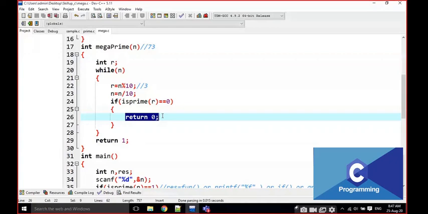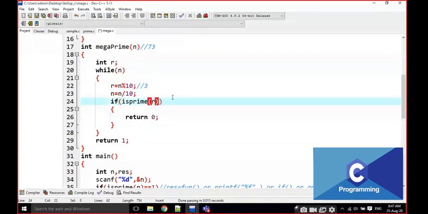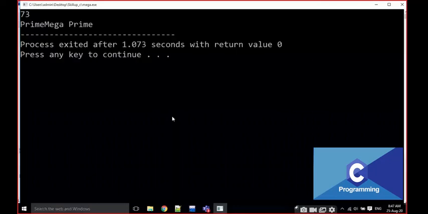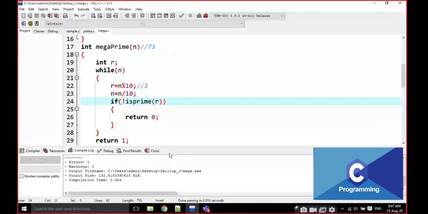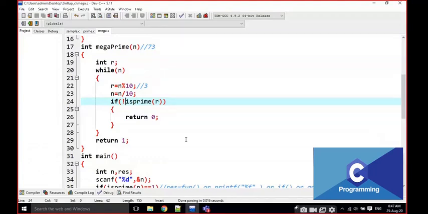Okay. Instead of this one, we can also write the not symbol. In this way also we can write not a mega prime of.